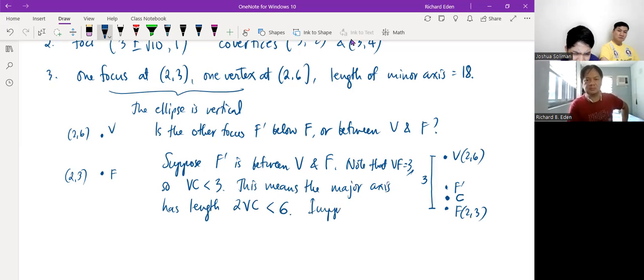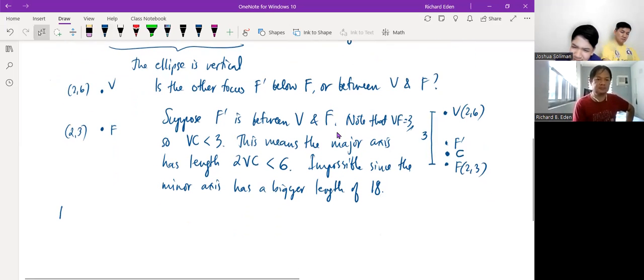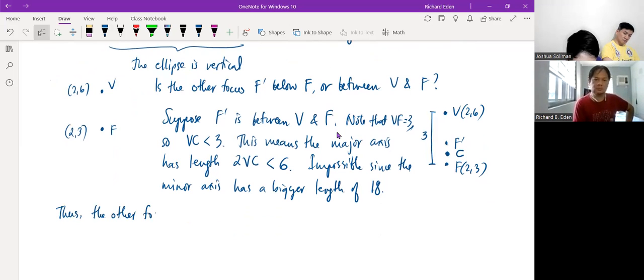Impossible, since the minor axis has a bigger length of 18. All right, which means the other mystery focus F prime would have to be much lower. It is below F.